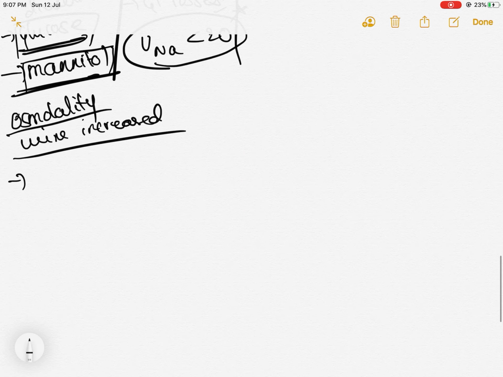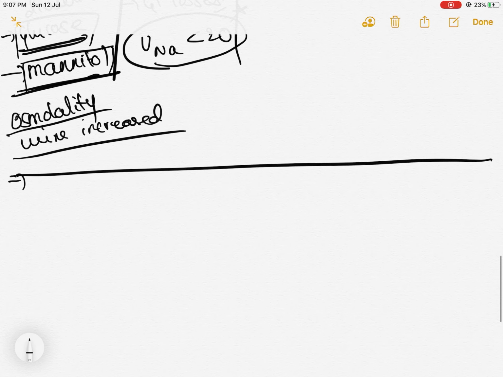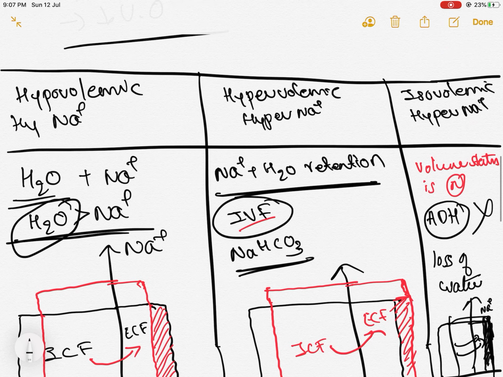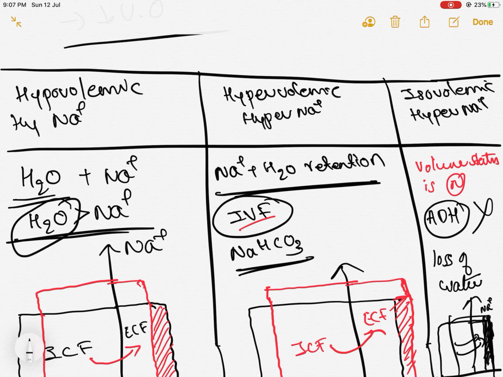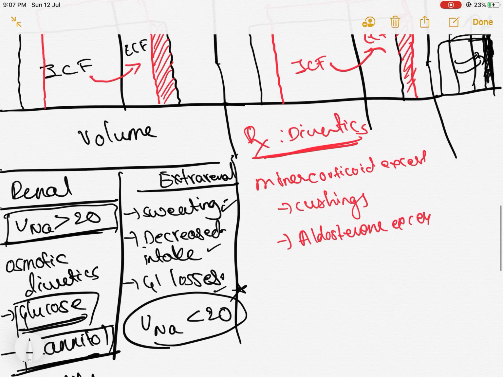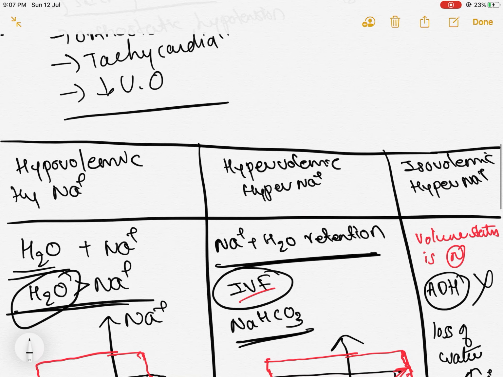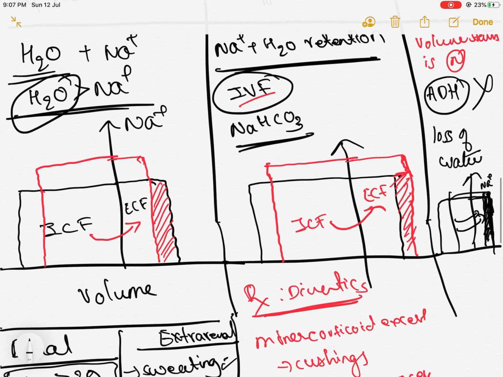So now coming to basic treatment, the management of hypernatremia. In hypovolemic, what we learned is that there is loss of water. In hypervolemic, I told you the treatment here, that is diuretic, because there is retention of sodium as well as water. In isovolemic, it is treatment of diabetes insipidus.